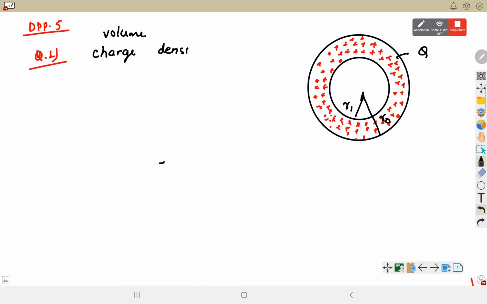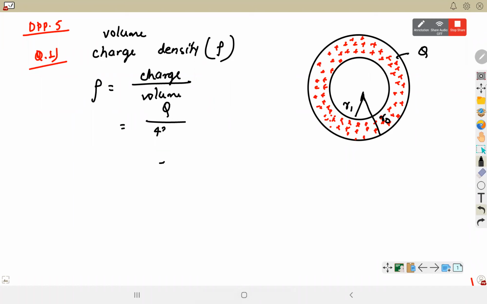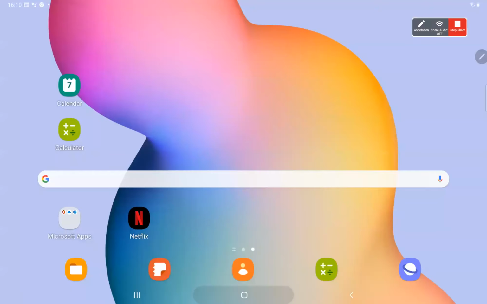Volume charge density rho is total charge divided by total volume. Total charge is Q and total volume is 4 pi by 3 times R0 cube minus R1 cube.